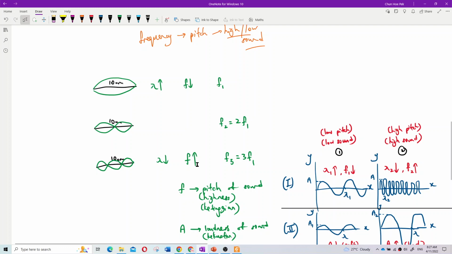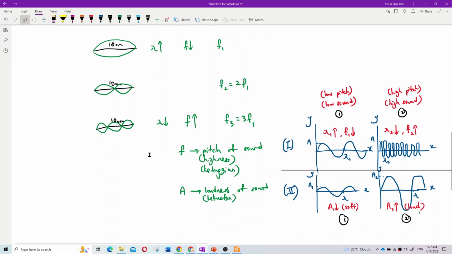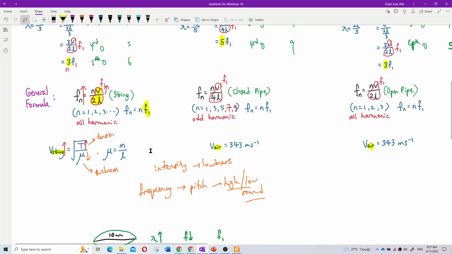Shorter wavelength means a higher frequency. So the second one is double the first fundamental frequency. The third one is three times the fundamental frequency. Okay, class, understand? Yes, sir. Very good.